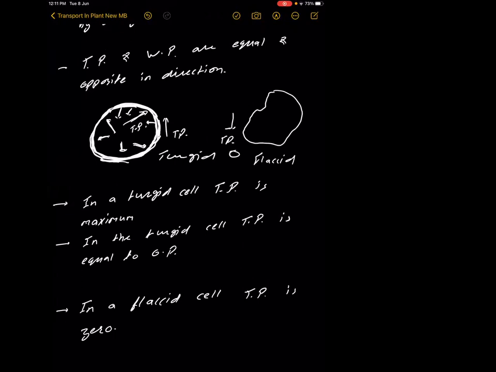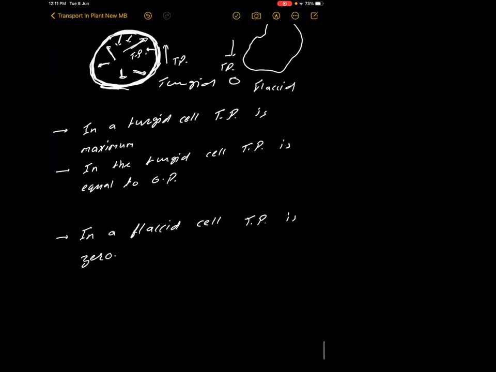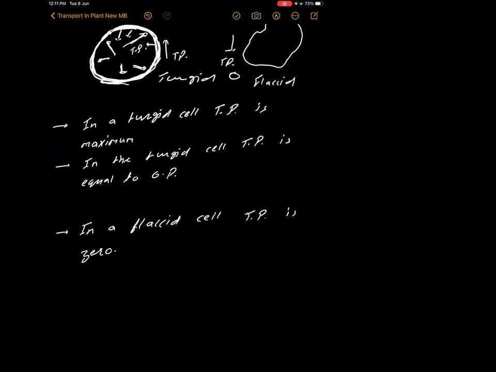Can you explain the second point, that in the turgid cell Tp is equal to? It is equal to OP, osmotic pressure. Tp is equal to OP.